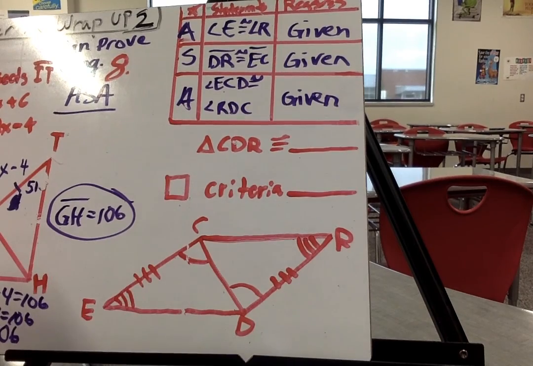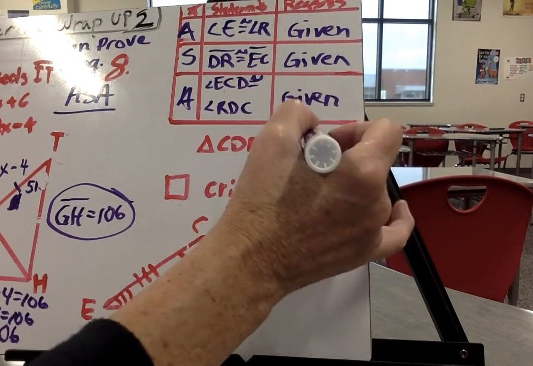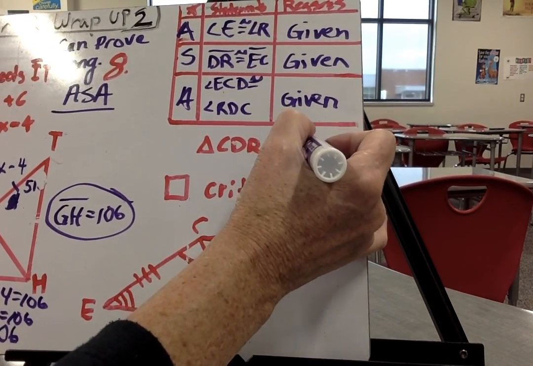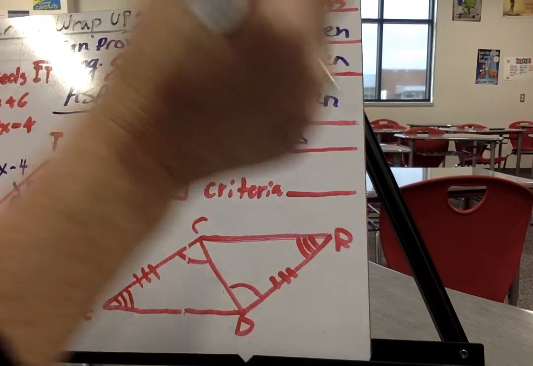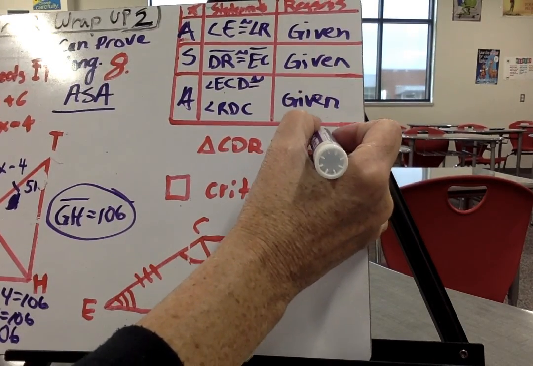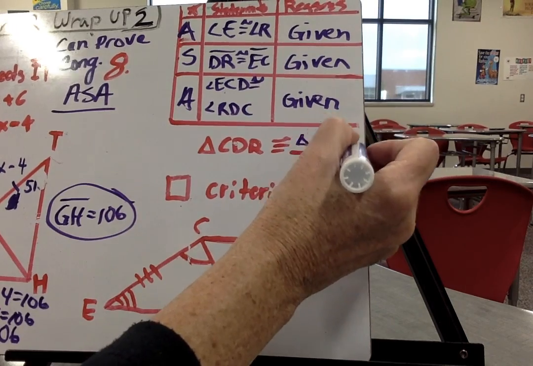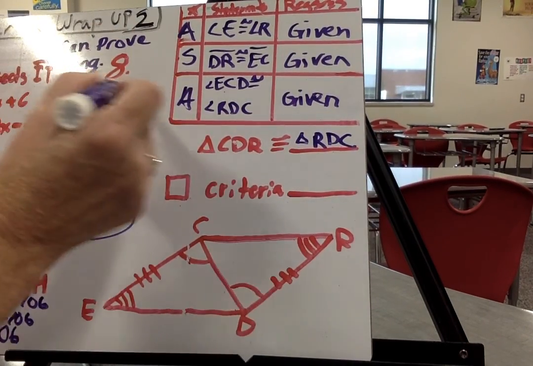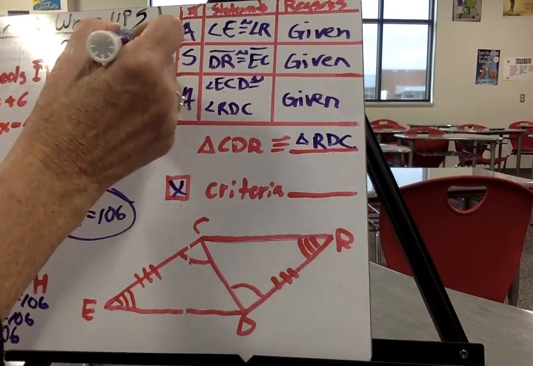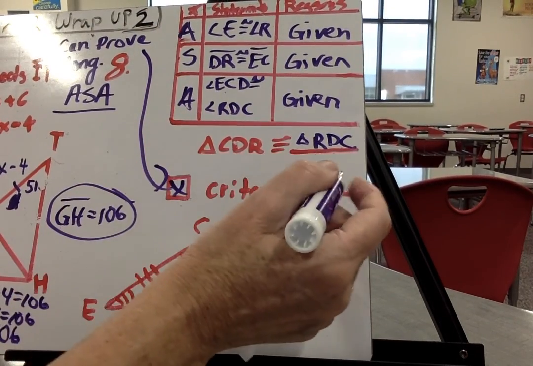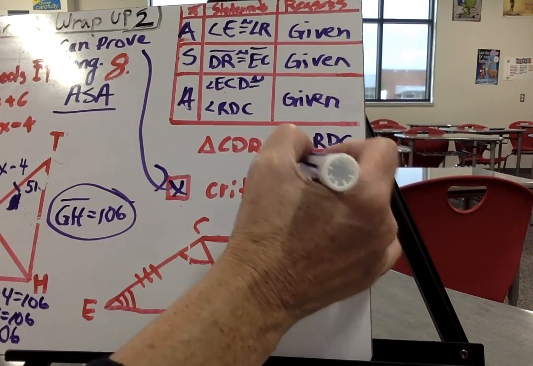So we say that triangle CDR is congruent to triangle RDC. So again, we can prove the congruence. The criteria was angle, side, angle.